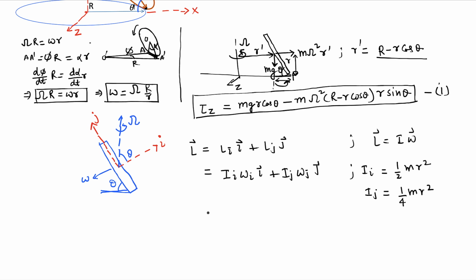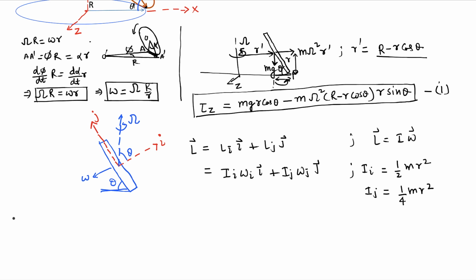Now can we write omega_i? Omega_i is omega in the I direction, so one is minus omega because it's in the negative I direction, plus the component projection of this bigger omega in the I direction, which is omega cos theta, right? And omega_j, so the projection for this smaller omega in the j direction is 0. So only the projection of the bigger omega in the j direction, which is omega sine theta.